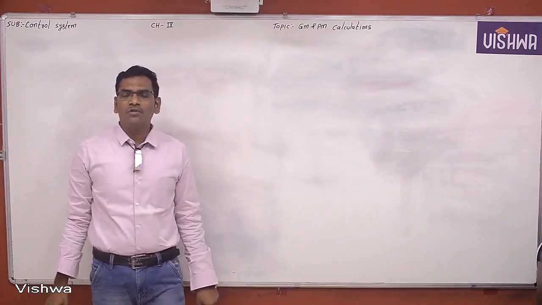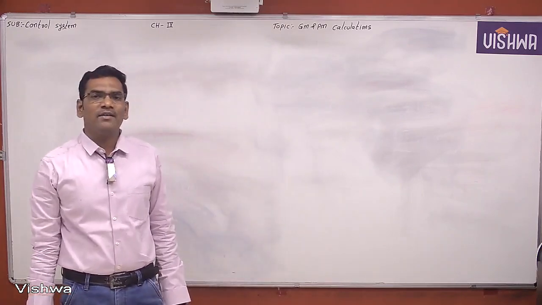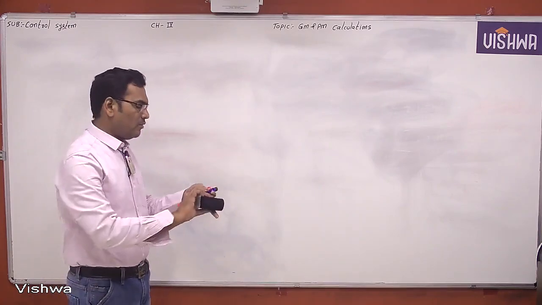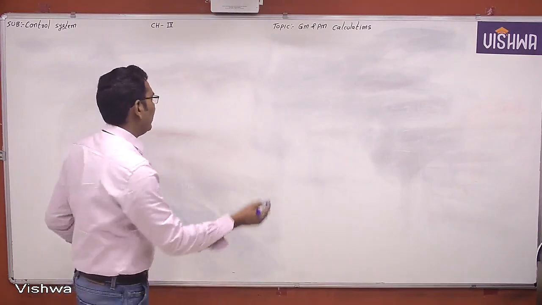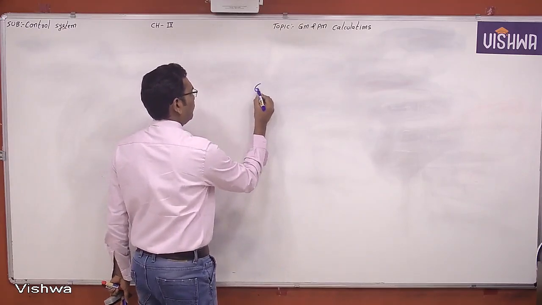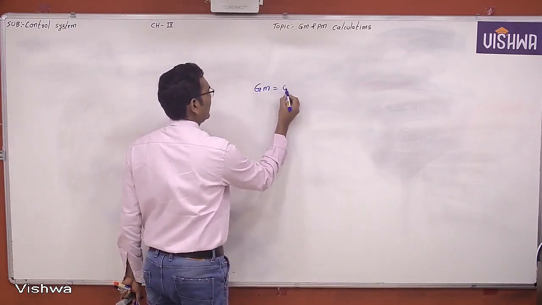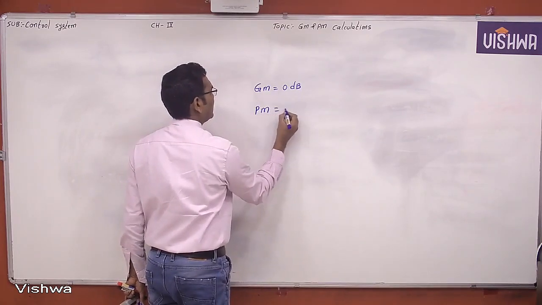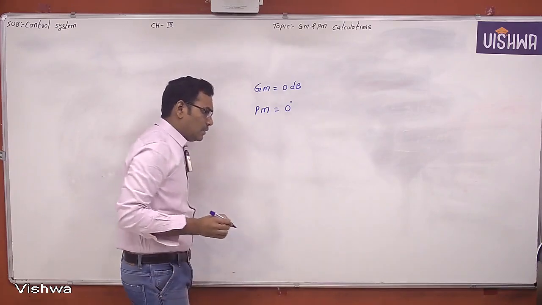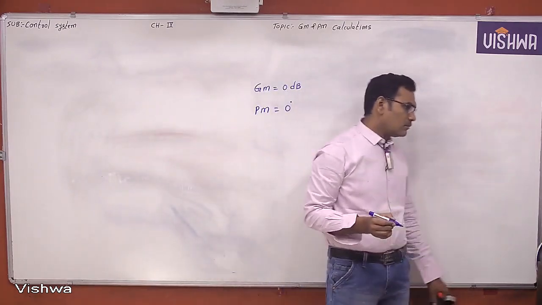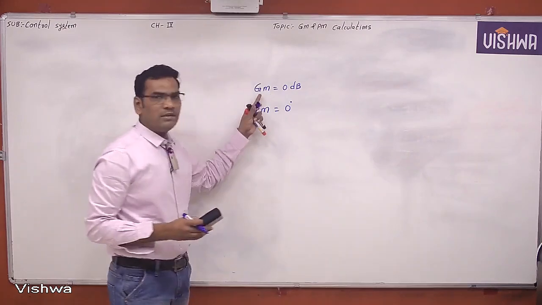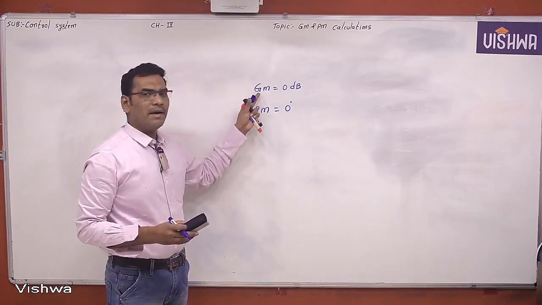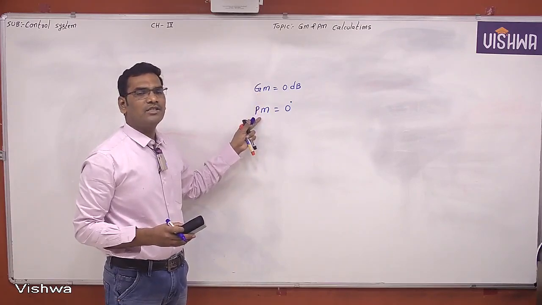Now, you know how to find the gain margin and the phase margin, and you know what is a valid gain margin and a valid phase margin. Now by taking a reference, if the gain margin is exactly 0 dB and the phase margin is exactly 0 degrees, this is the margin for gain and this is the margin for phase.